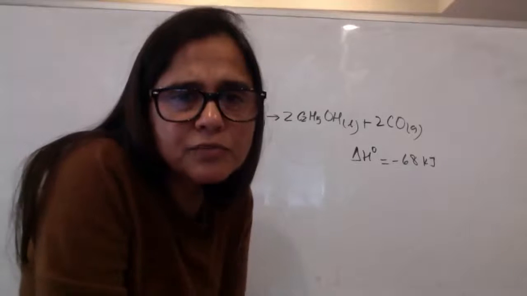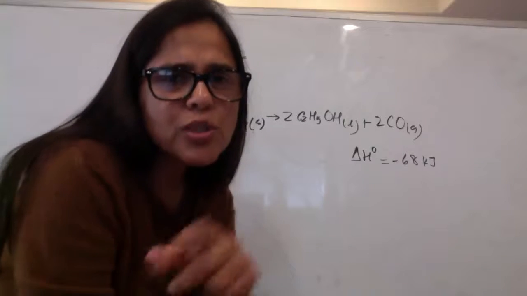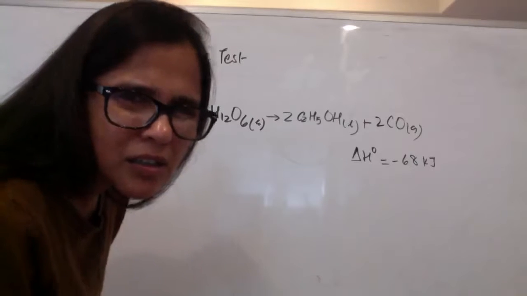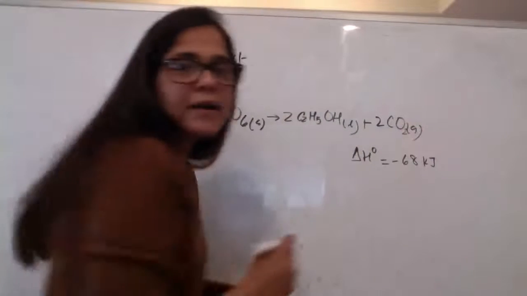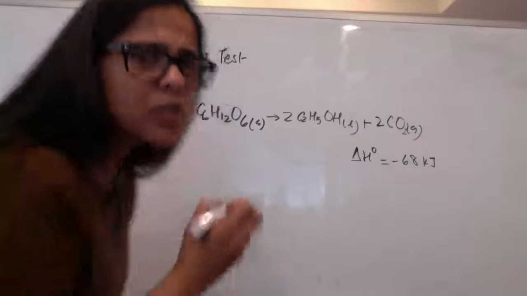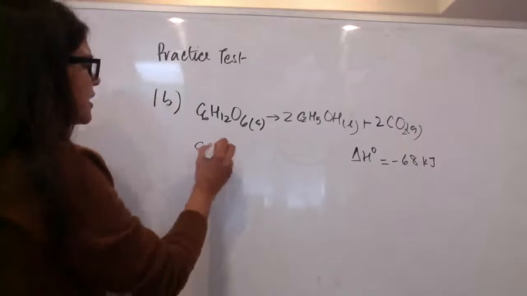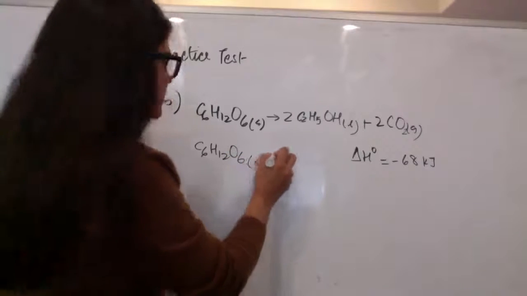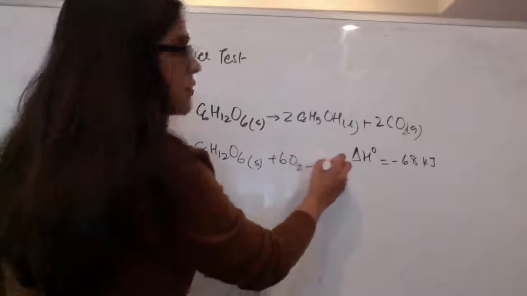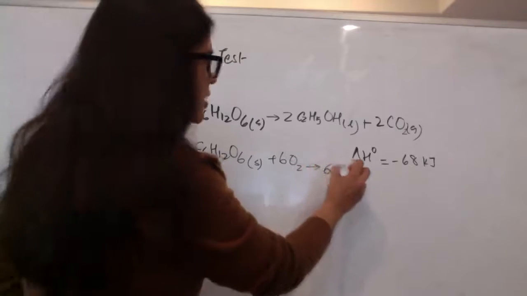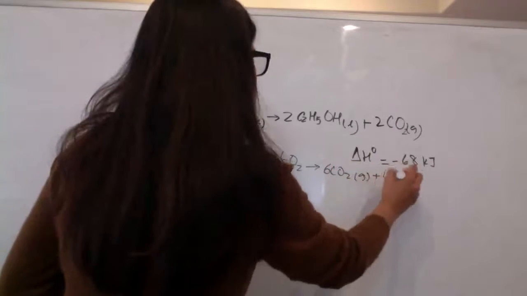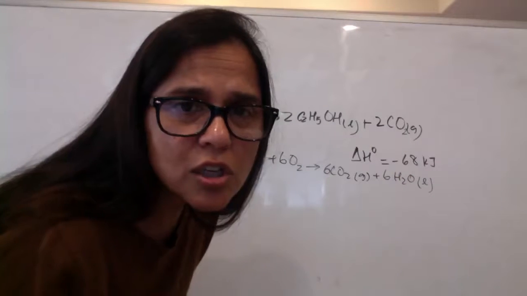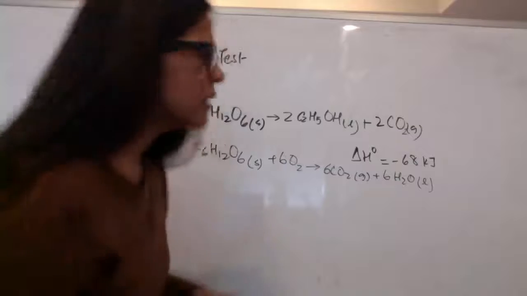And they say when oxygen is not available, it uses another reaction, which is, oh, this is CO2. And the other reaction that is given to you is C6H12O6 plus 6O2 gives you 6 CO2 gas plus 6 H2O liquid. And you calculated delta H for this reaction in part A, right?